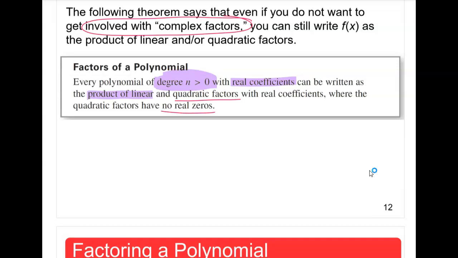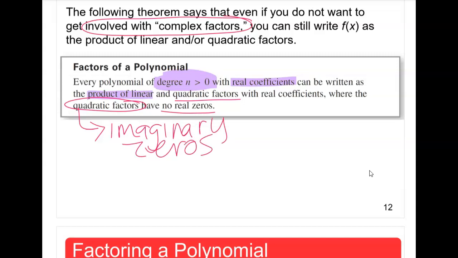Instead of that, those quadratic factors will have complex imaginary zeros, or we could just say complex zeros.